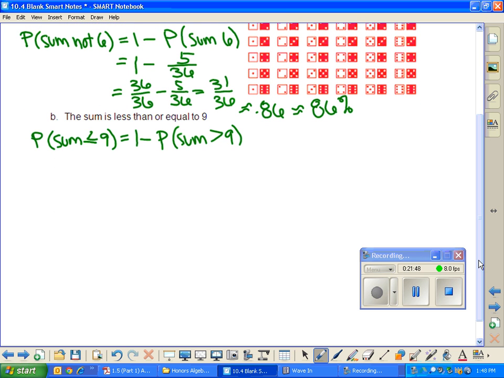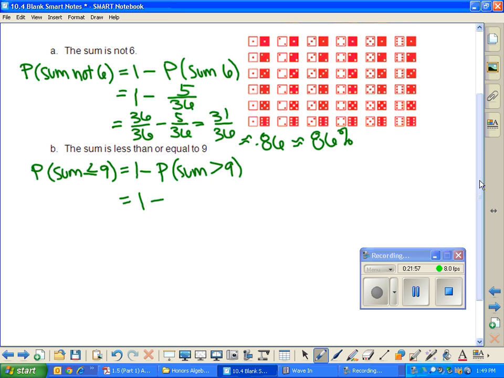Very good. All right, so we now have to figure out what the probability of the sum being greater than 9 is. So you can go ahead and take a moment and look at those options again. That's why I put the diagram there. I'll let everyone give that a try. Luke, do you have the probability of the sum being greater than 9?